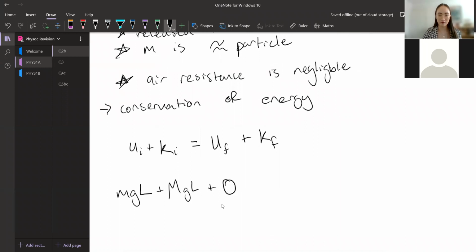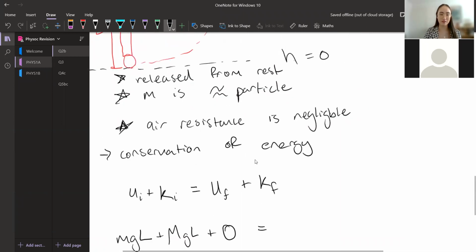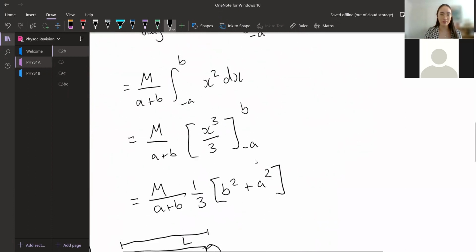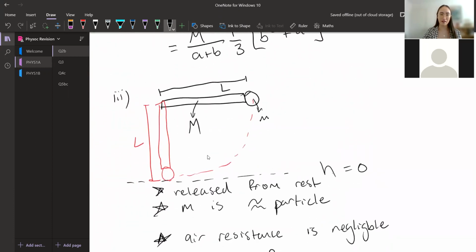And then what is our final gravitational potential energy? Let's see, I went too far. At our final position, our particle is at this reference that we set for gravity potential energy to be equal to 0. So there's no potential energy for that small mass now. And we're going to consider just the mass of the rod.